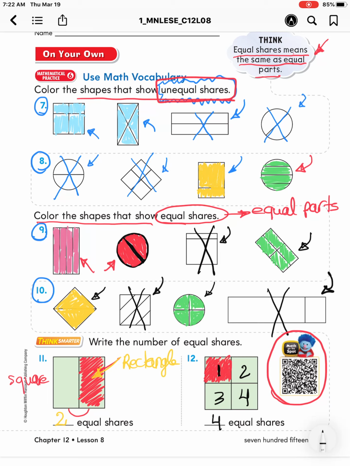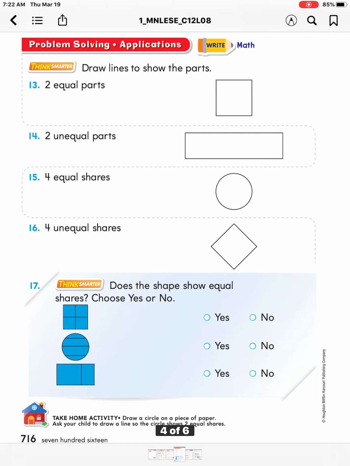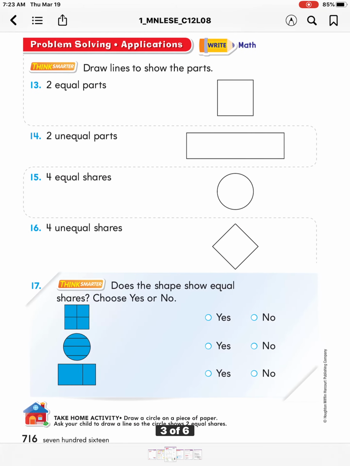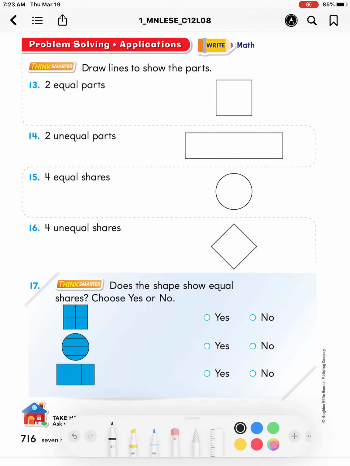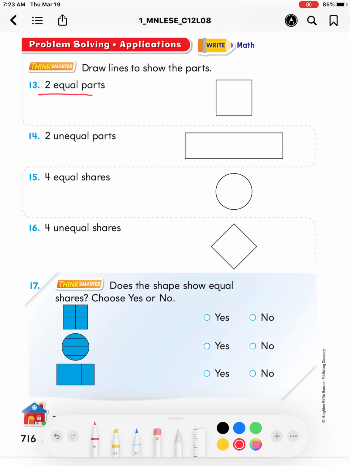So now let's move to the last page for today, page 716. Now here this part is problem solving part. Now it says draw lines to show the parts. So now we are asked to show the parts that are written on the left side, on this side.